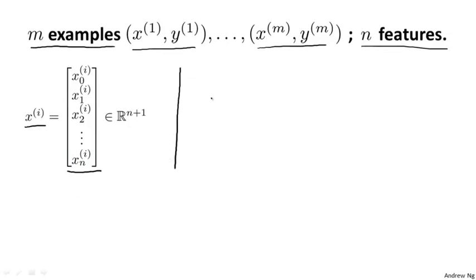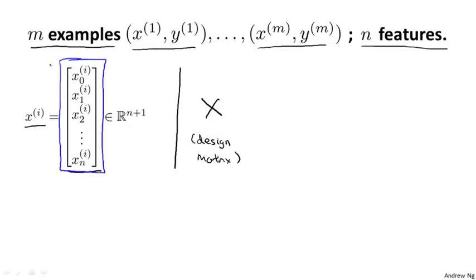The way I'm going to construct the matrix X, this is also called the design matrix, is as follows. Each training example gives me a feature vector like this. That's this sort of n plus 1 dimensional vector. The way I'm going to construct my design matrix X is I'm going to construct a matrix like this.